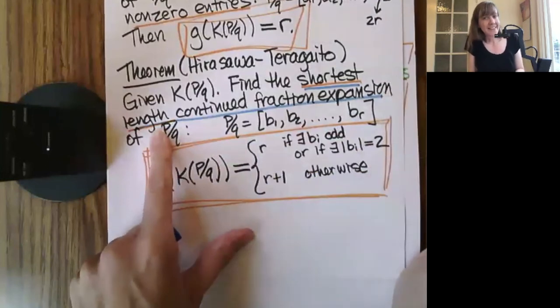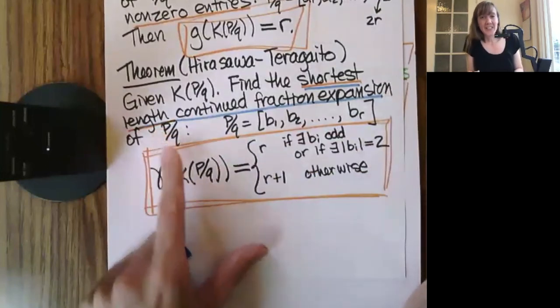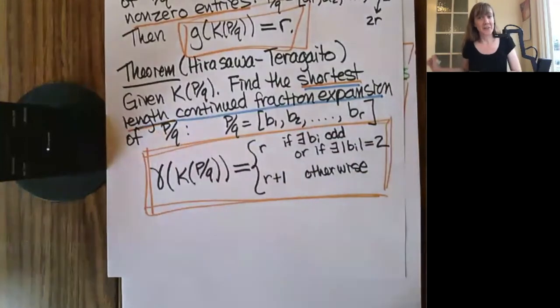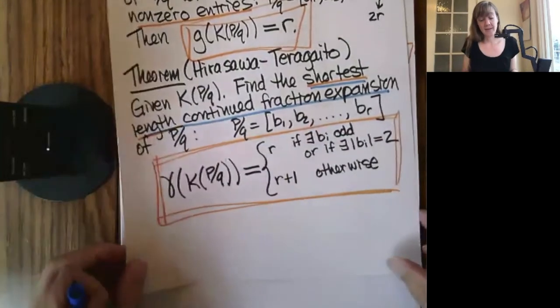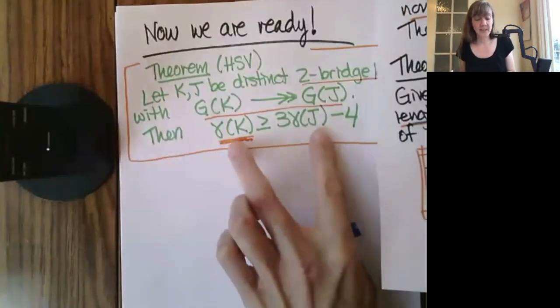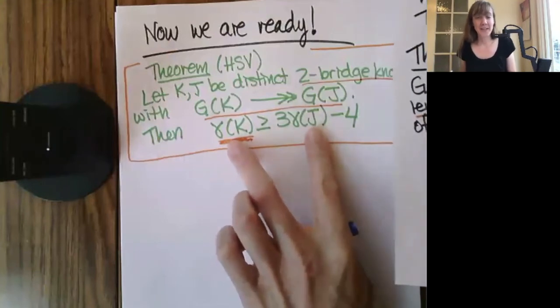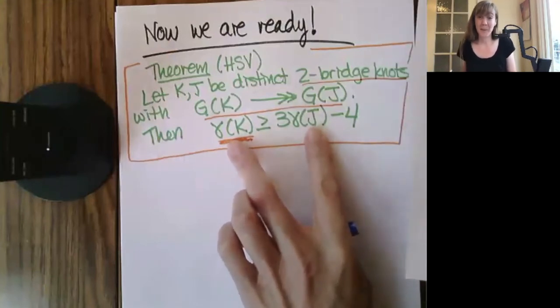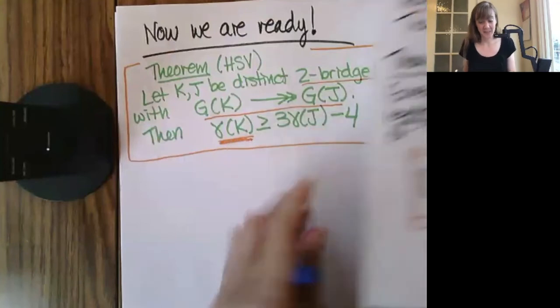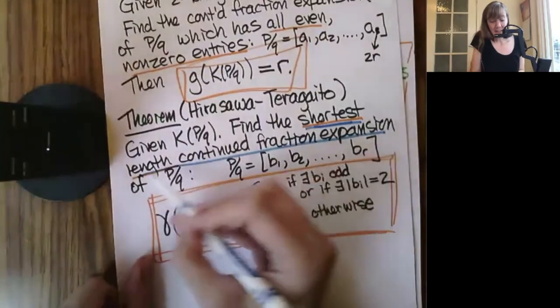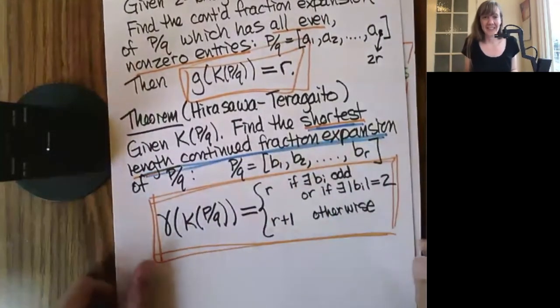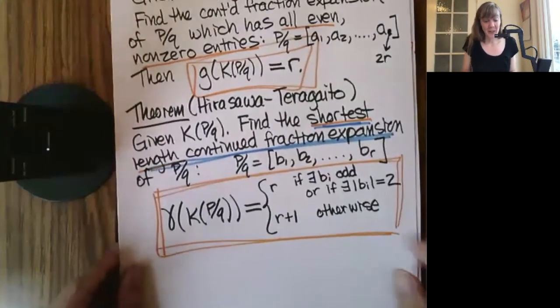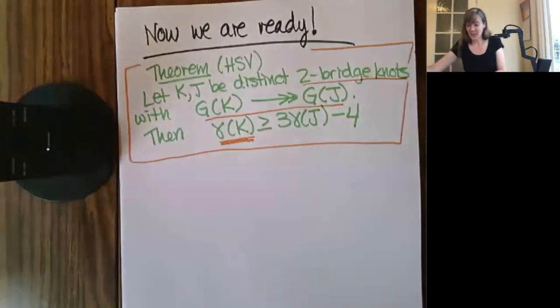I didn't say anything about it earlier, but there's an algorithm to find it, but it's rather unpredictable and difficult to implement, especially difficult when you want to keep control of 2 knots at the same time to compare their crosscap numbers. So this is the biggest roadblock: finding the shortest length continued fraction in order to compute the crosscap number.